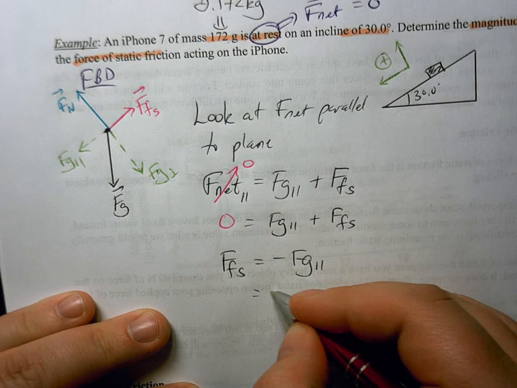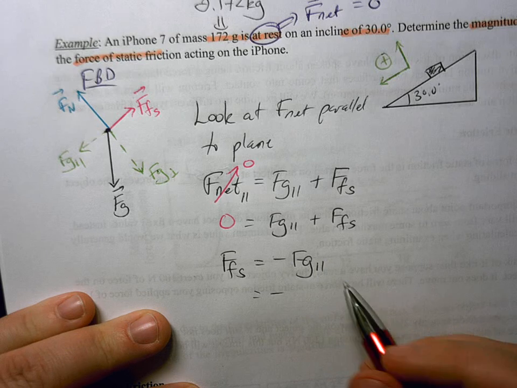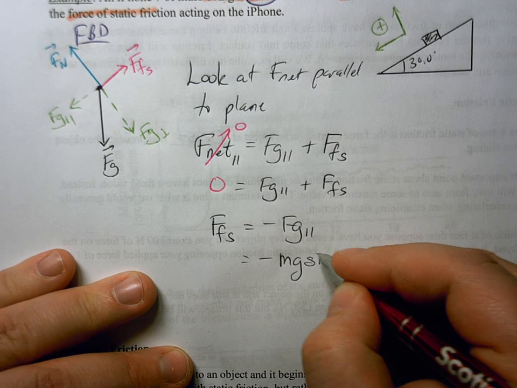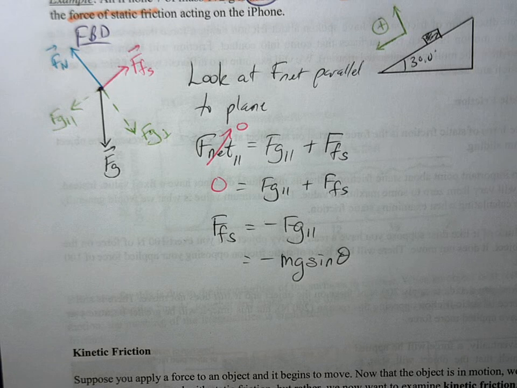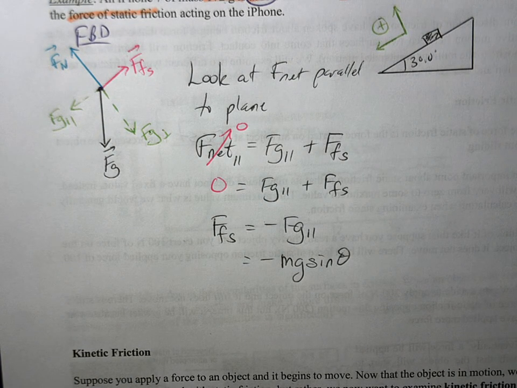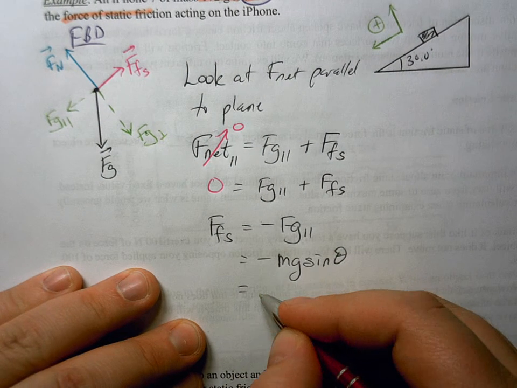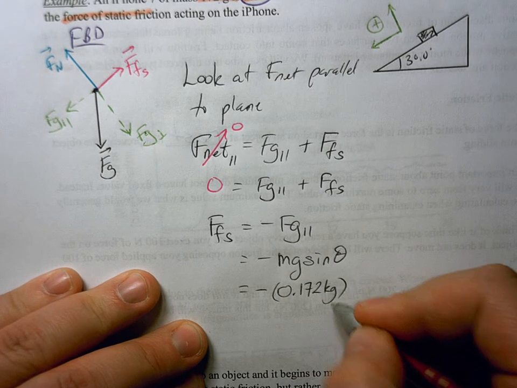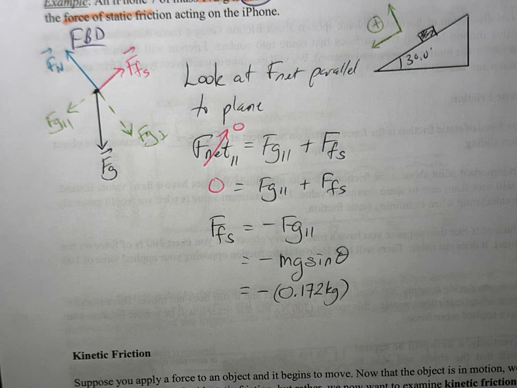So we know that the parallel component of the force of gravity is mg times sine of the angle. So the last thing we need to do is calculate this. We have that mass, make sure it's in kilograms, so we have that 0.172 kilograms.